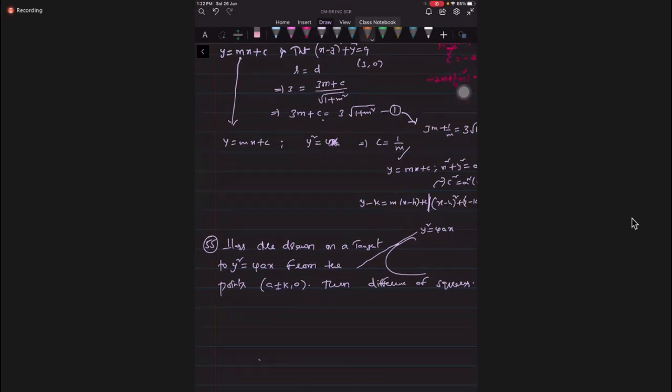So we'll take the parabola y square equal to 4x, students. What they are saying here: the points a plus k and a minus k comma 0 are two points on the x-axis only, no, students?